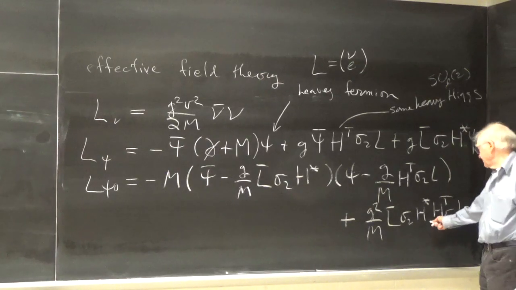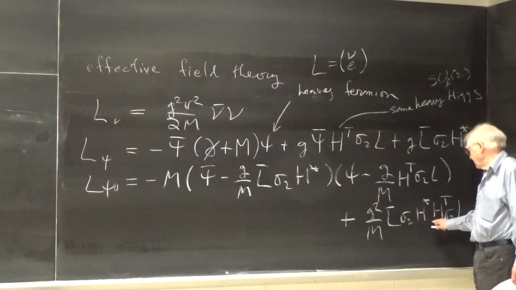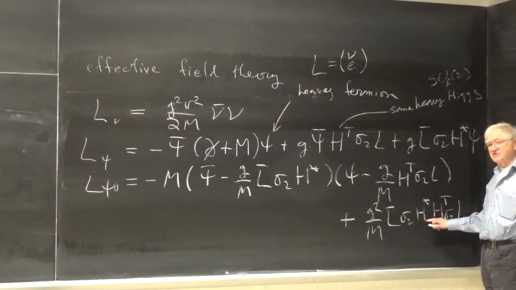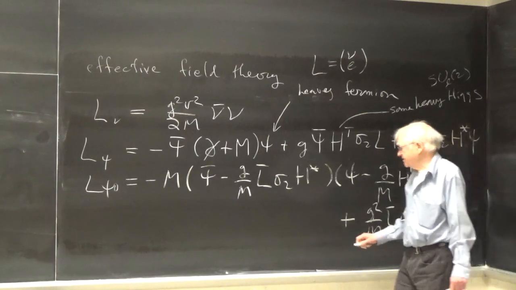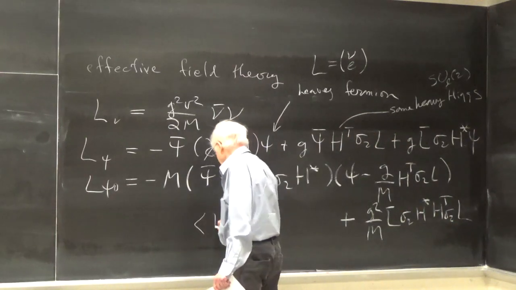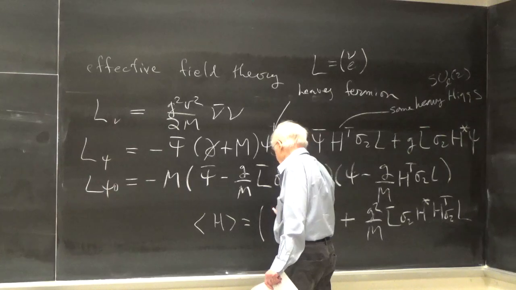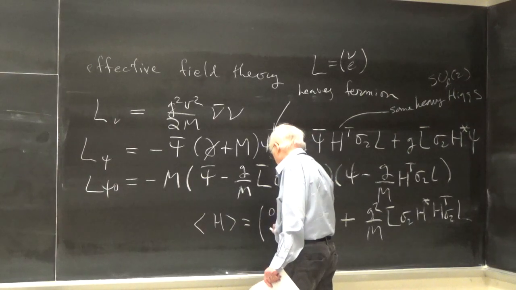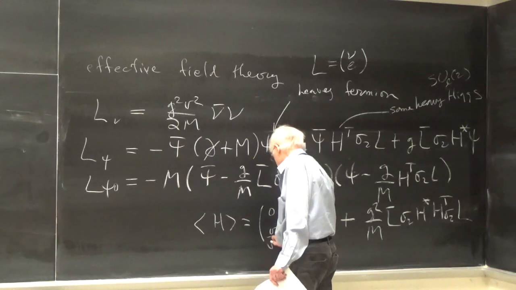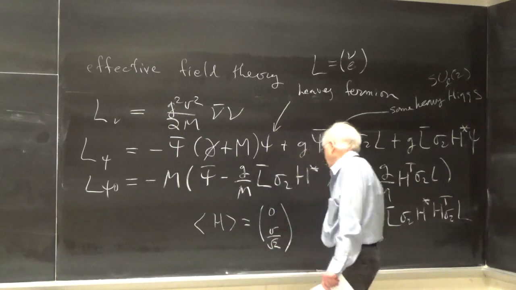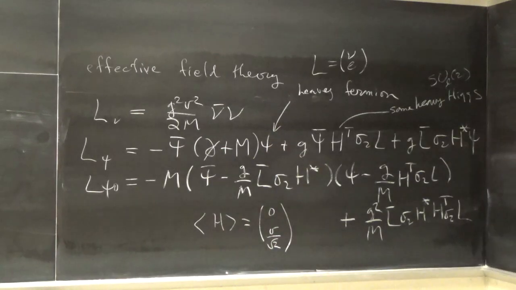And then what's left is this term, but in the vacuum, or in the low energy theory, H turns into simply what I wrote it as, 0 and v over root 2, I think is the way people would normally write it.